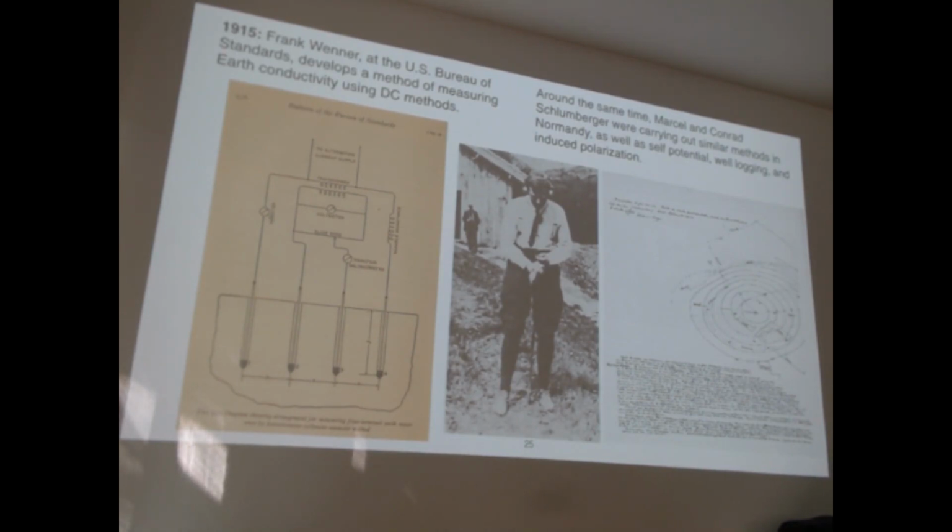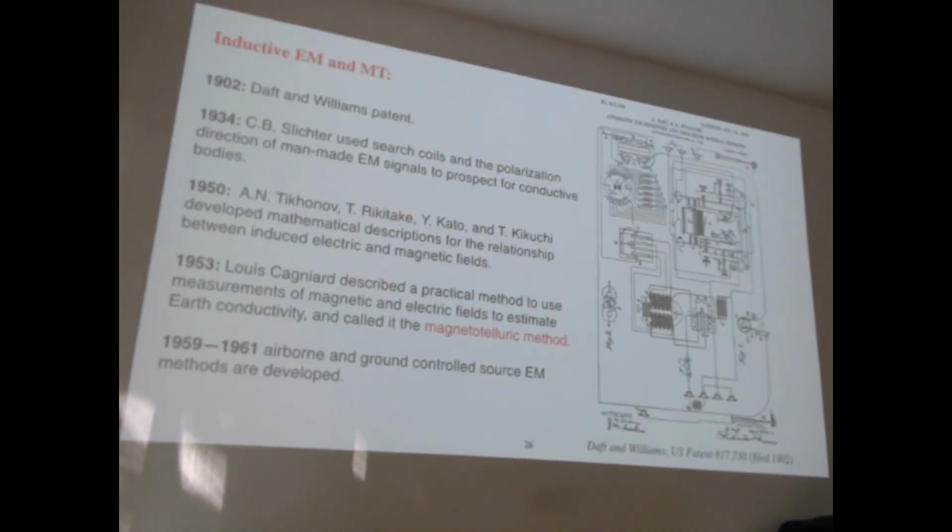He took the laboratory approach out in the field, passing a current through the ground between two electrodes and measuring the electric field between another two electrodes, and that became some of the first geophysical methods to look at near Earth conductivity. The Schlumberger brothers were doing something similar at the same time in France, also measuring self potentials. We'll come back to this when we talk about going back into the lab, which is where that came from.